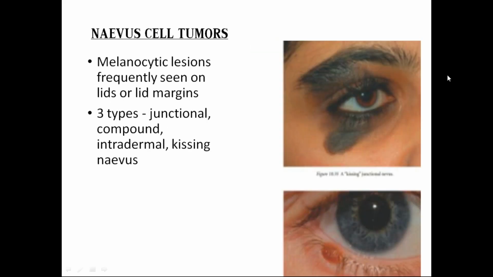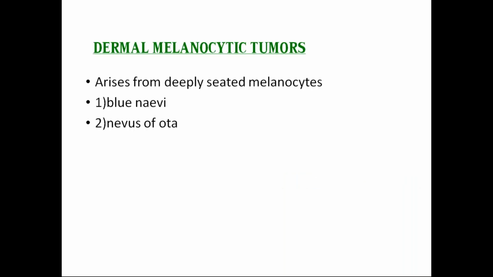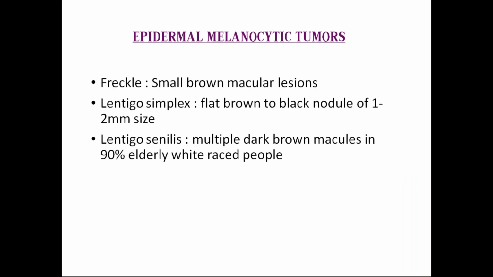This is an example of a melanocytic tumor. If it is benign, it is called nevus. If it is malignant, it is called melanoma. In that there are various types like freckle or lentigo simplex or lentigo senilis.